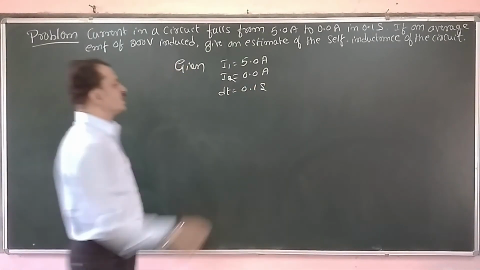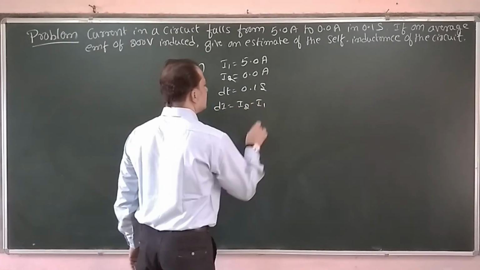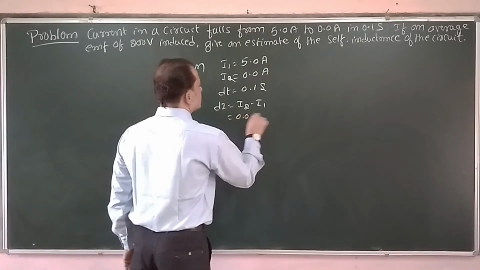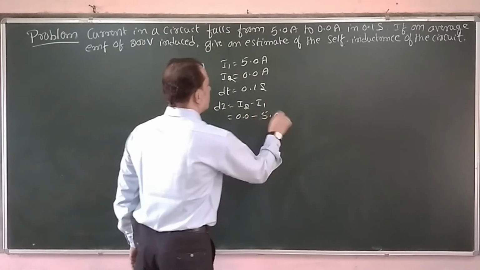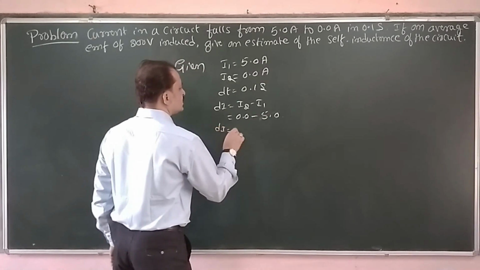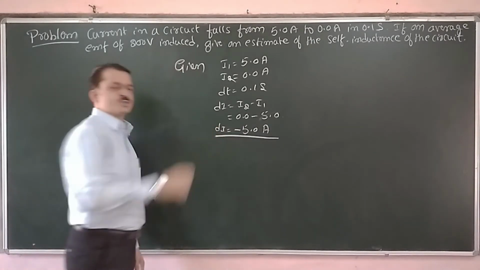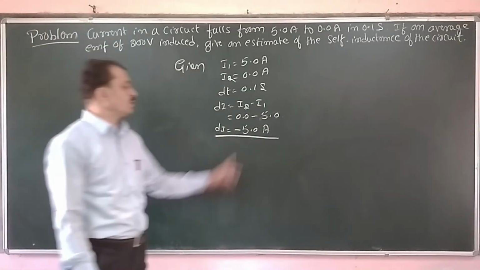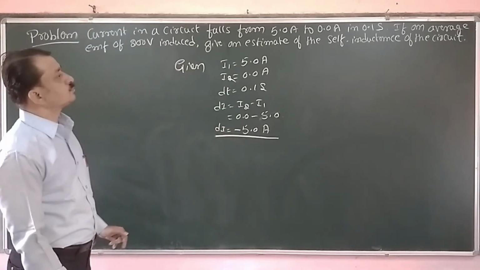So what is the change in current? dI is equal to I2 minus I1, 0.0 minus 5.0. Therefore, dI is equal to minus 5.0 amps.